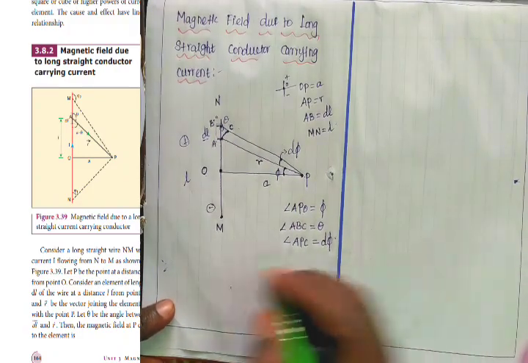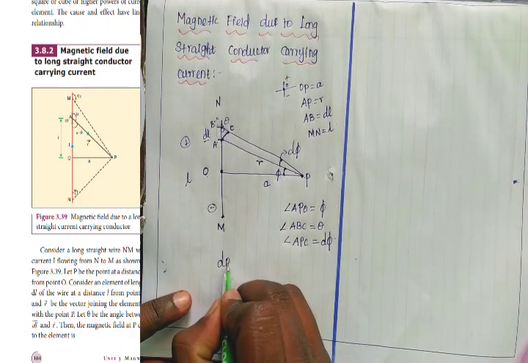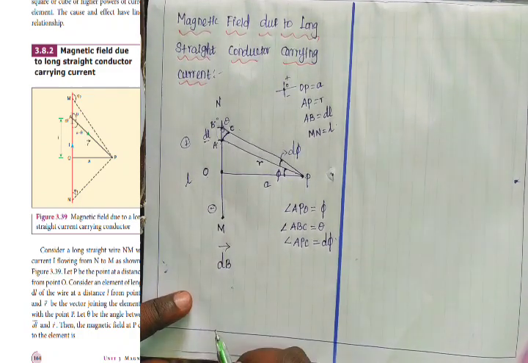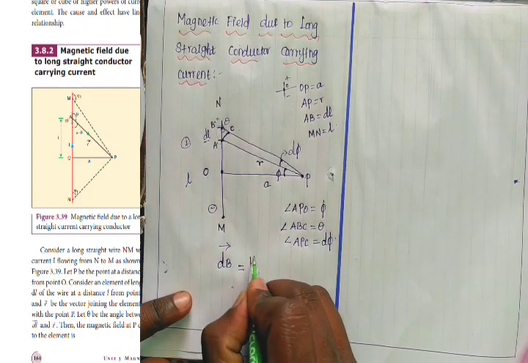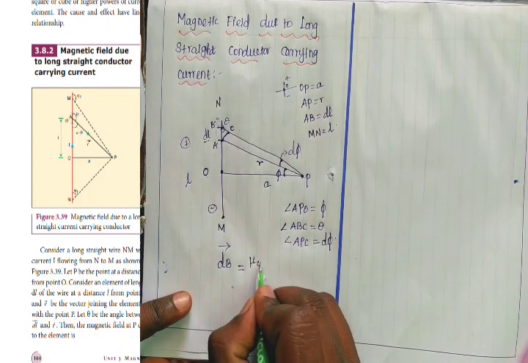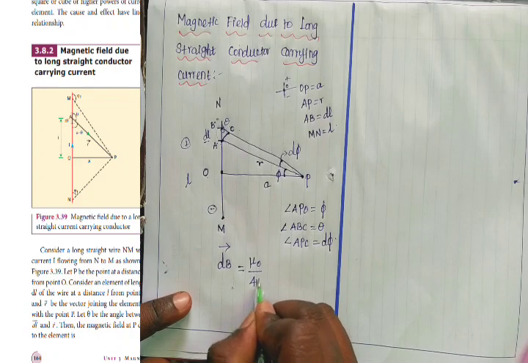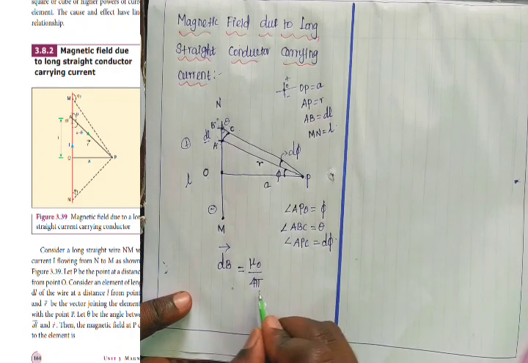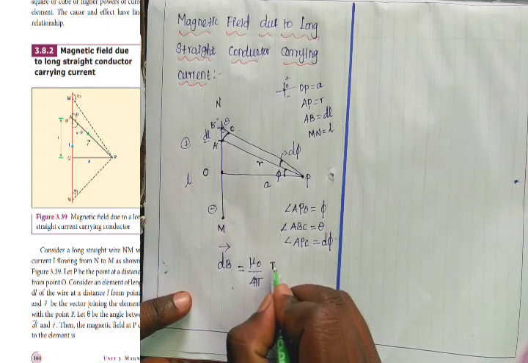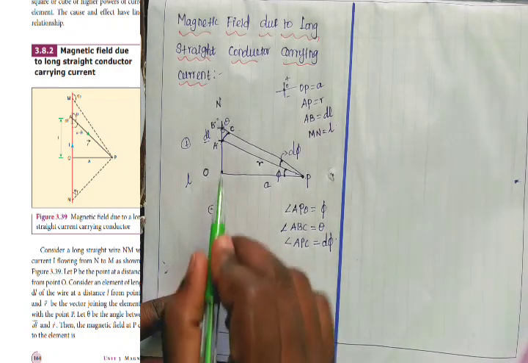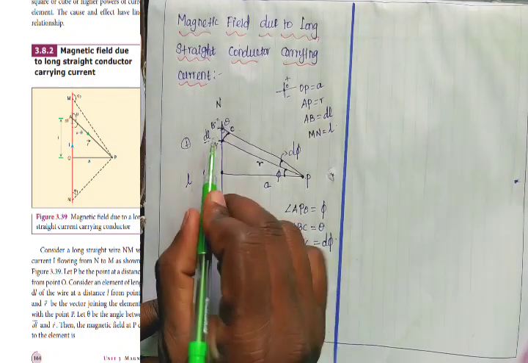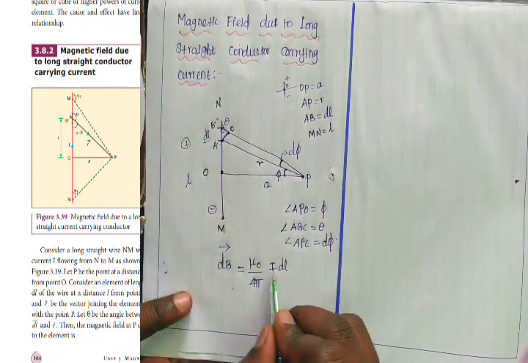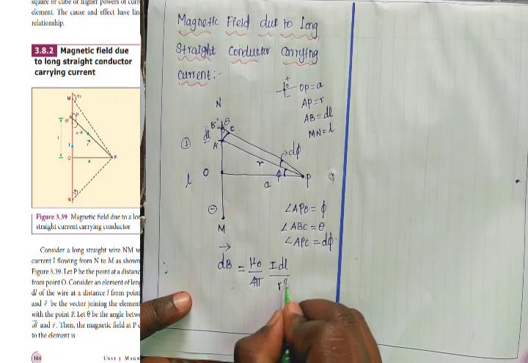So next one is the Biot-Savart law equation. We know very well what is meant by the Biot-Savart law equation. dB, the magnetic field strength, is equal to mu naught divided by 4 pi, where mu naught is a constant value and 4 pi is also constant, times I, the total current in the conductor, times dl, the particular length, I dl, divided by r squared.